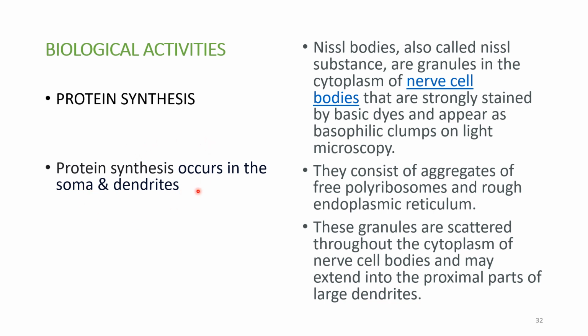Protein synthesis occurs in the soma and dendrites with the help of Nissl bodies. These are the sites of protein synthesis. The Nissl bodies are nothing but fragments of rough endoplasmic reticulum, and they are present in the soma or cell body, and some are also present in the base of the dendrites.